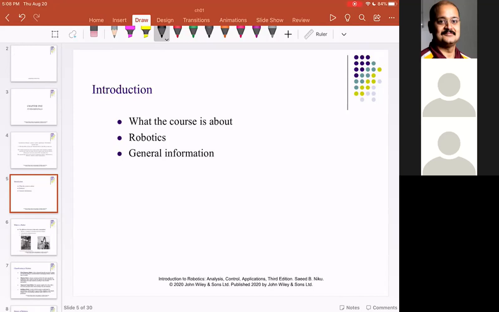In Robotics 2, we will actually play with the hardware and try to build some robots, and use the techniques that we study in this class to analyze, design, and control those robots. In Robotics 2, we will also talk about machine learning and robotic vision. That chapter is in Niku's book, so we will study that. And in Robotics 2, all the information that we study in Robotics 1 will be super useful.